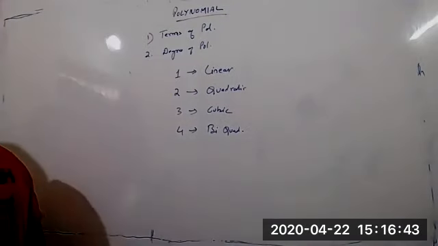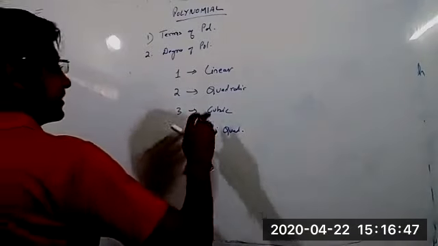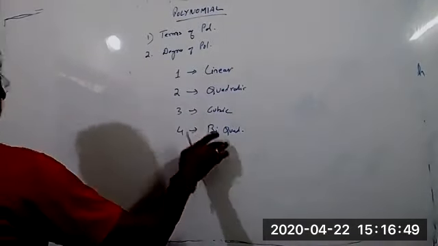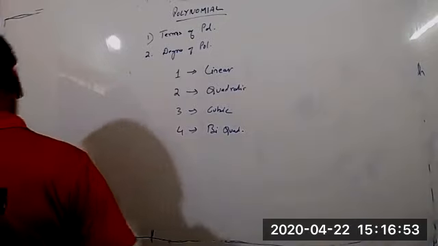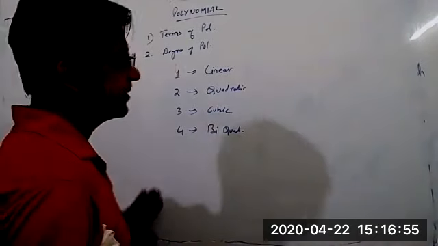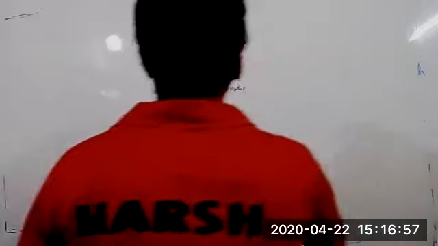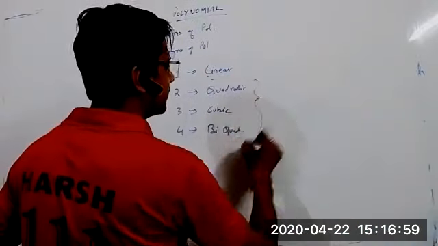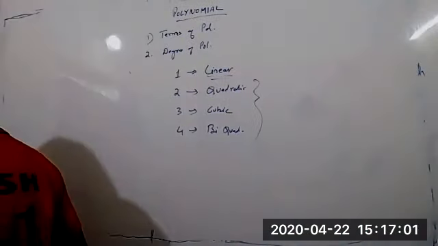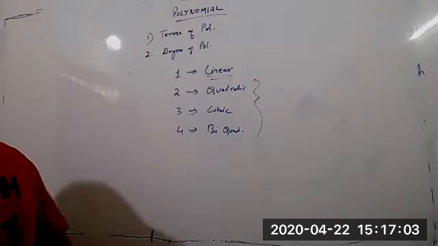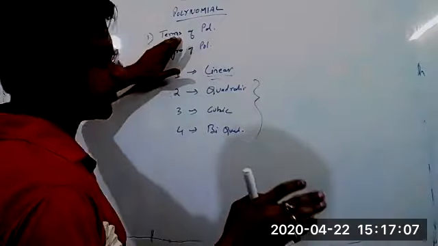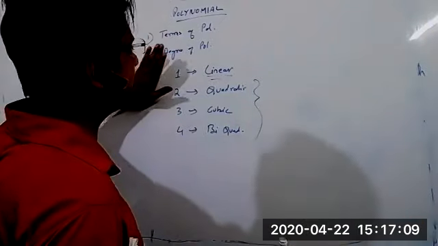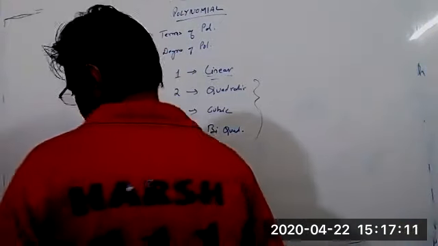Okay? So first is linear, quadratic, cubic, biquadratic. And we can say linear and polynomials. According to terms and according to degree, we have bifurcated polynomials.